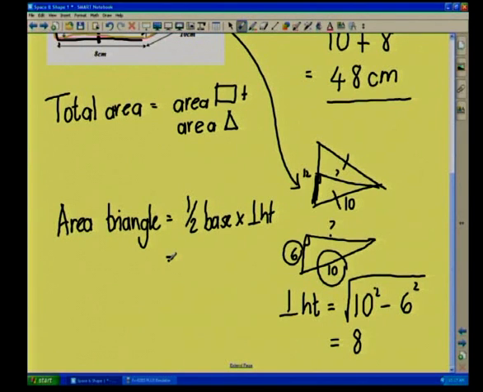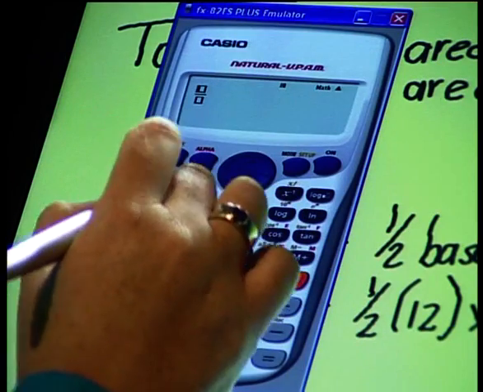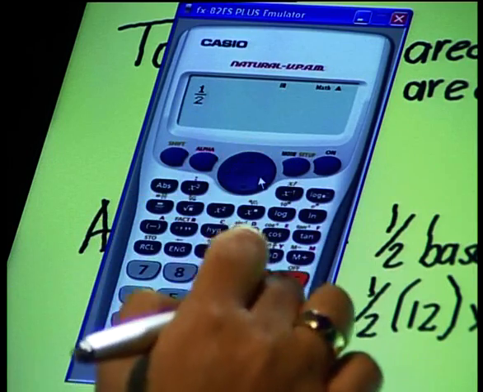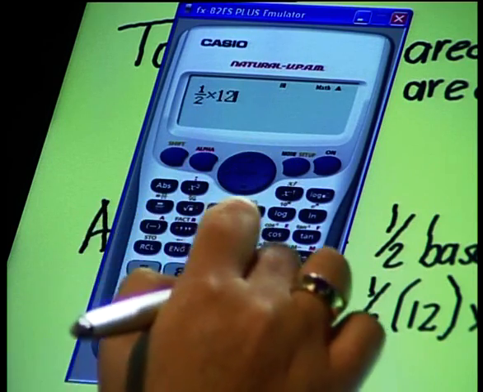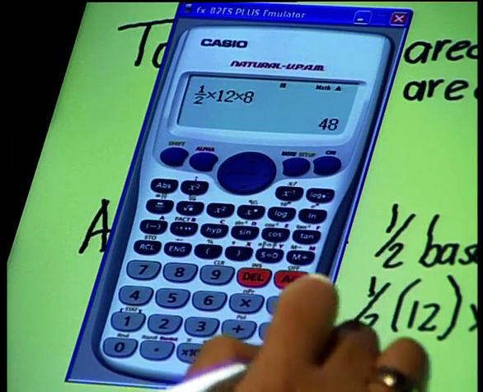I know my base was 12, so it'd be half of 12 times by the 8. Using my calculator, that is half times 12 times 8, which equals 48.